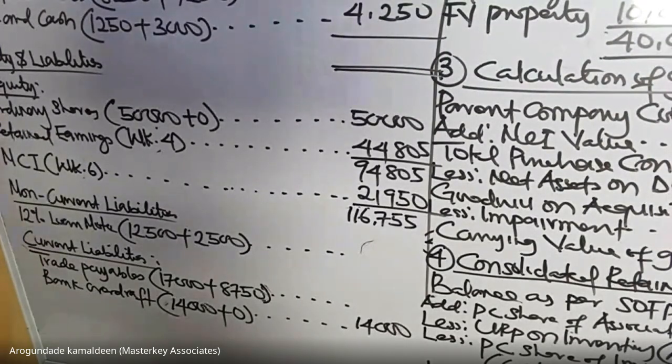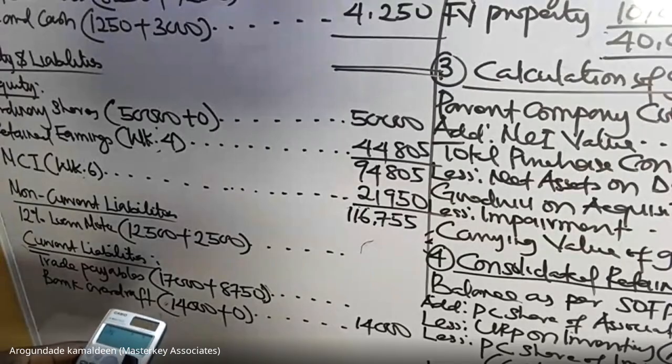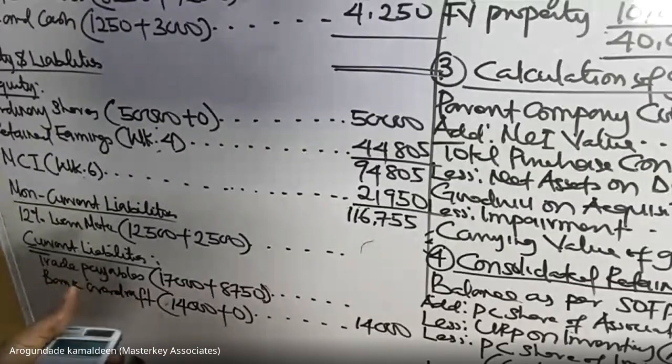Okay. Now, the 12% loan now, okay? 12,500 plus 15,000, 25. Thank you.